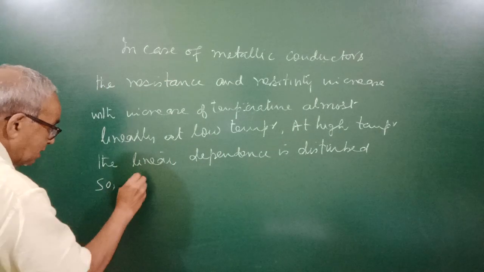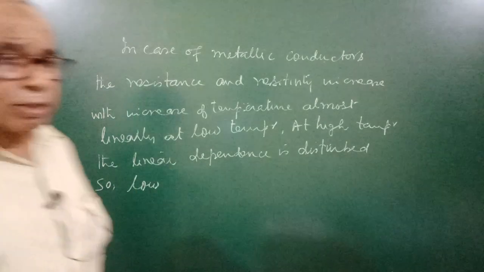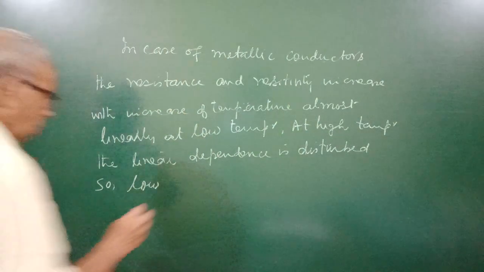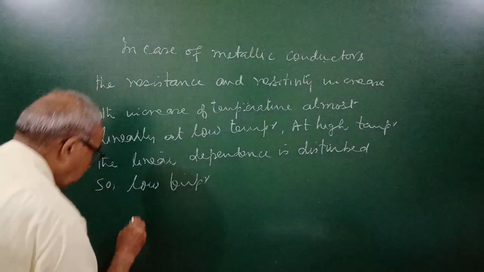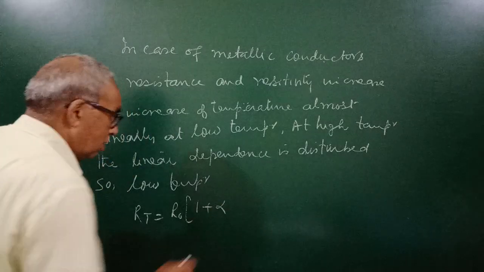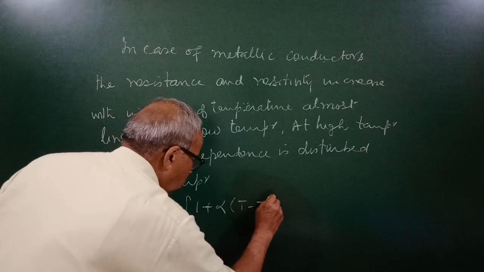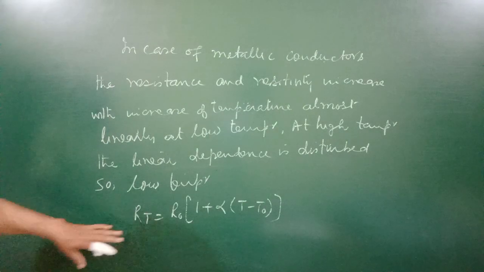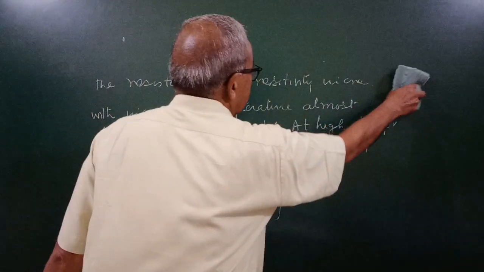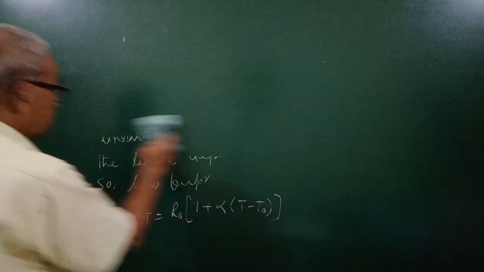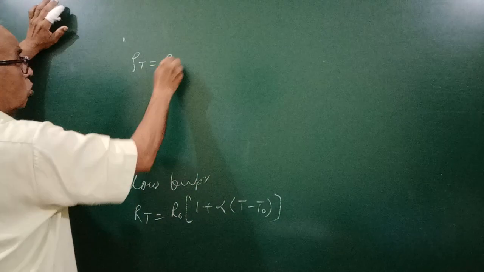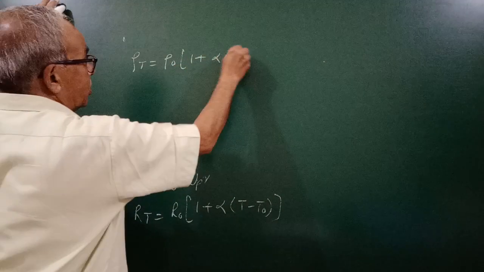At low temperature, meaning not just 10 or 20, but nearly up to 100 degrees centigrade, R_T equals R_0 into (1 plus alpha (T minus T_0)). The resistance of a conductor increases according to this equation, where R_T is the resistance at temperature T.